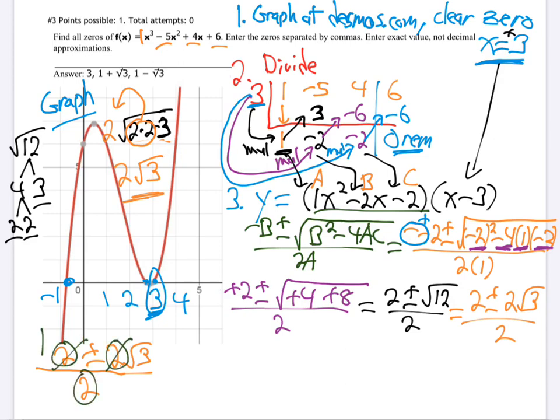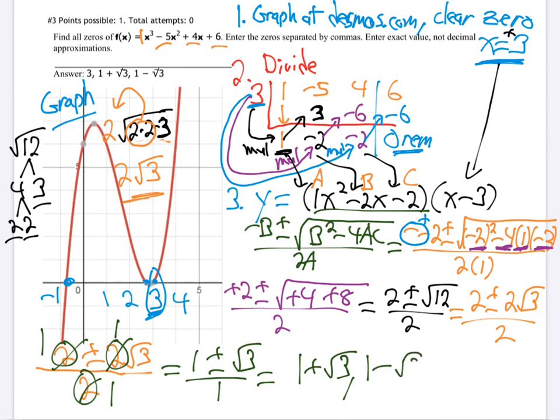Divide by 2 leaves a 1. Divide by 2 leaves a 1. Divide by 2 leaves a 1. So it's 1 plus or minus root 3 over 1. We don't need 1's on the bottom. Dividing by 1 does nothing. So our answers are 1 plus root 3, 1 minus root 3, and the answer we had from the beginning, plain 3. Those are the 3 answers. Those are the 3 zeros.